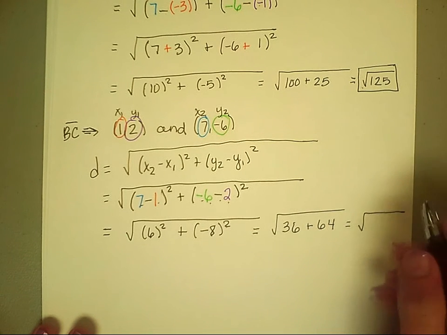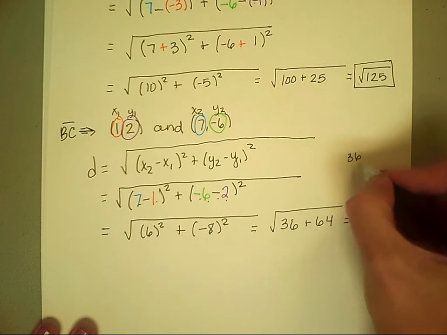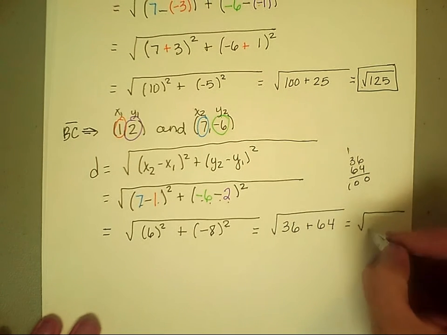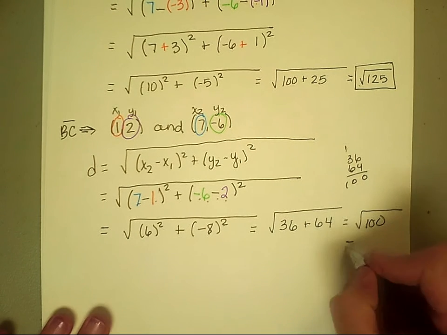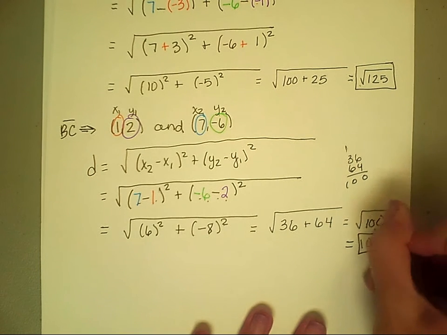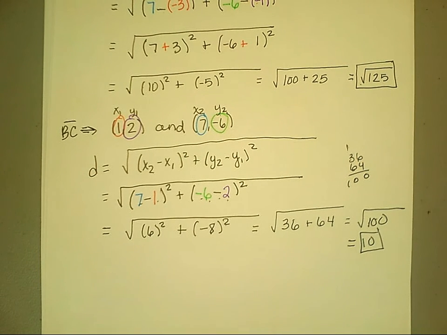So this is equal to the square root of 36 and 64 is 100. Square root of 100, which is 10. Okay. Alright, now we've done the first things that we need to do.